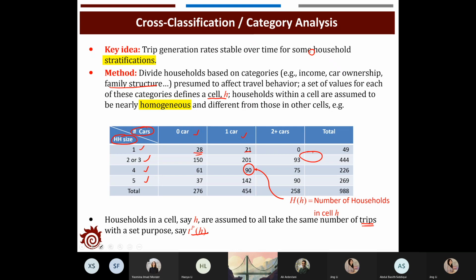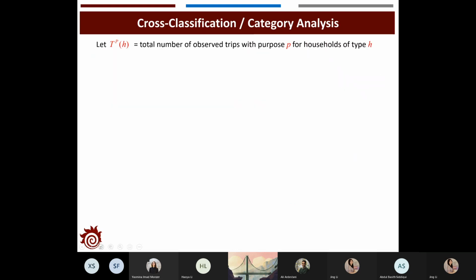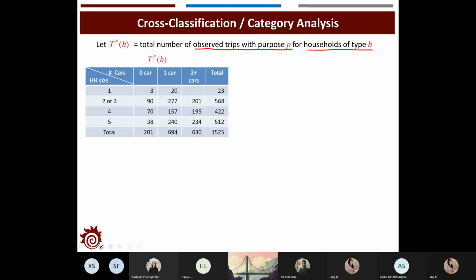In order to do that, we first do some survey to check the number of observed trips with the purpose of P for household type H. So the number of trips in the survey for the category H. This table will tell us how many trips are taken in each cell.